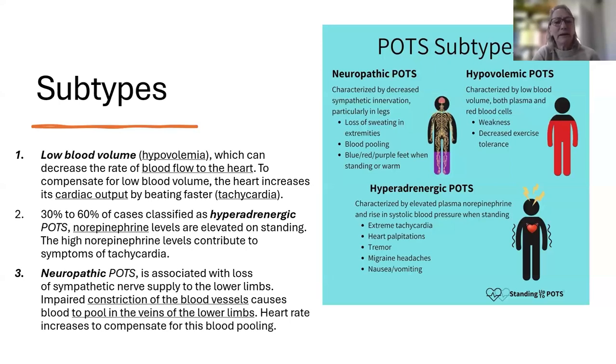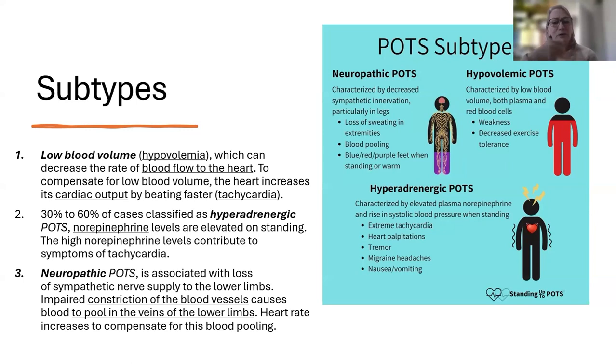And again, looking at the subtypes in POTS, people with low blood volume as their main issue, the hypovolemic, and the neuropathic POTS kind of react in the same way, because they're both about blood pooling. And what happens is that the heart tries to increase the cardiac output by beating faster.